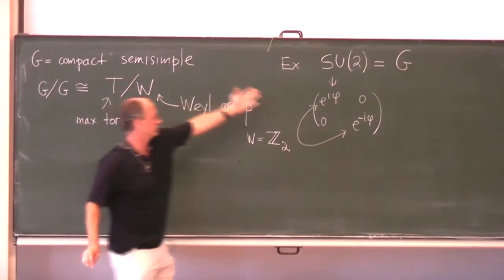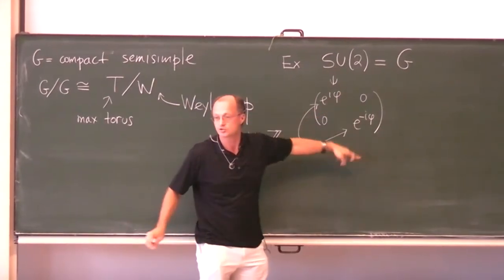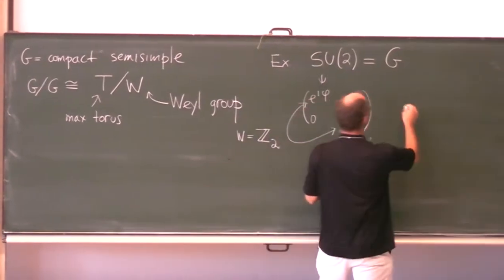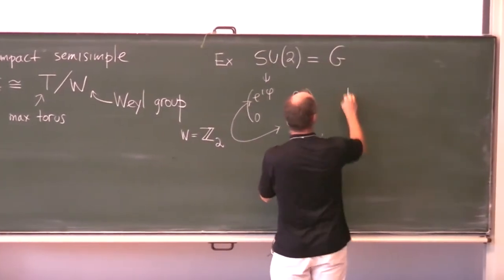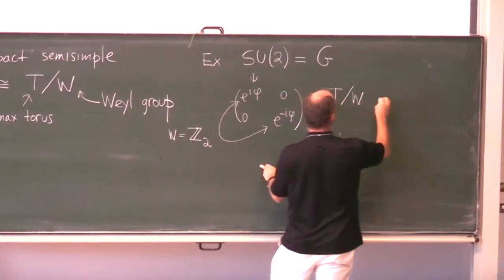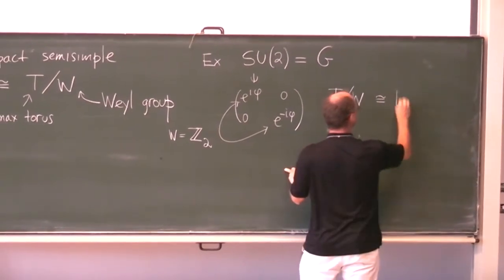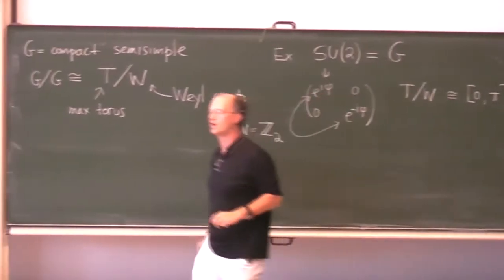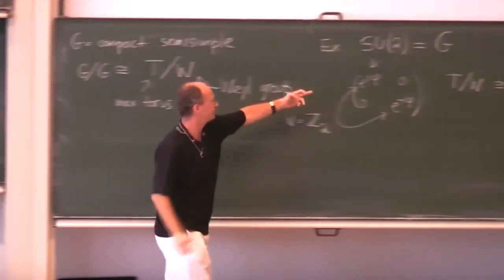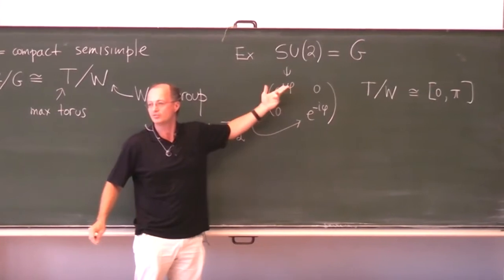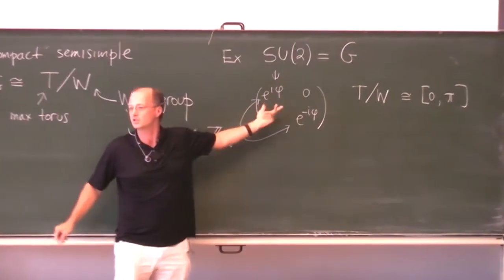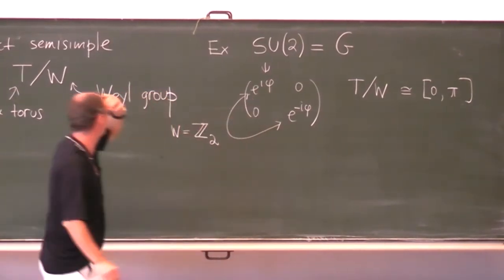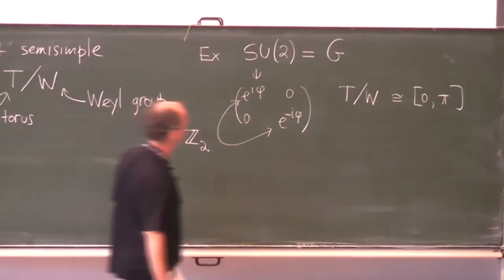Now, what is the quotient? Here, the torus is just a circle, and we take a quotient of this circle by this Z2 action. For instance, we can think that T mod W, we can model it as the segment from 0 to pi. So these are the values of phi. Other values of phi will be obtained by the action of Z2. So that's, for instance, one possible realization.